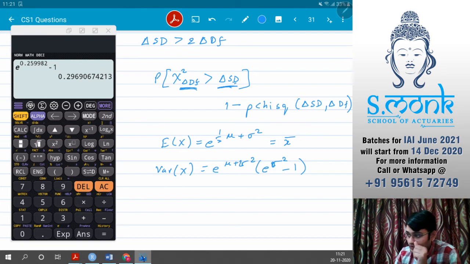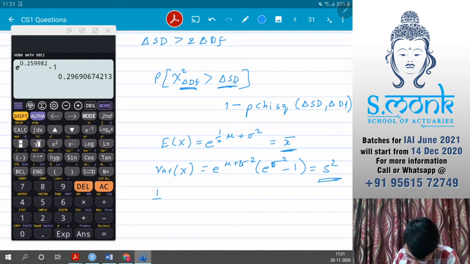You will have to rearrange and find mu and sigma square in terms of x bar and s square. So you can just substitute x bar square here. Then you'll have x bar square times e raised to sigma square minus 1 is equal to s square. So sigma square would be log of s square upon x bar square plus 1.